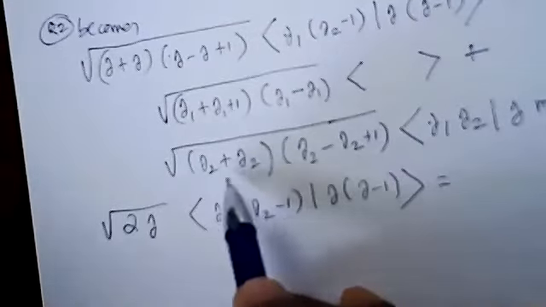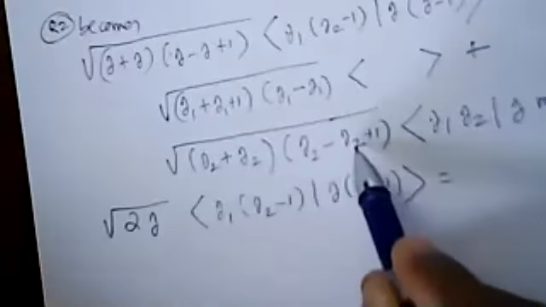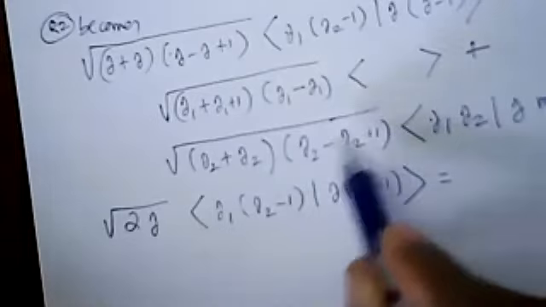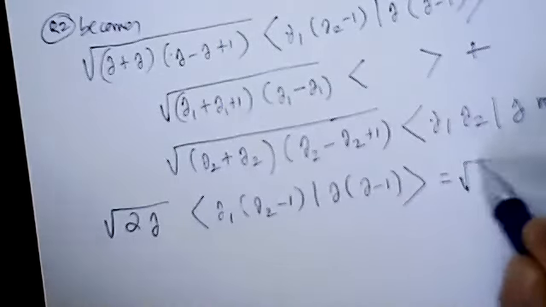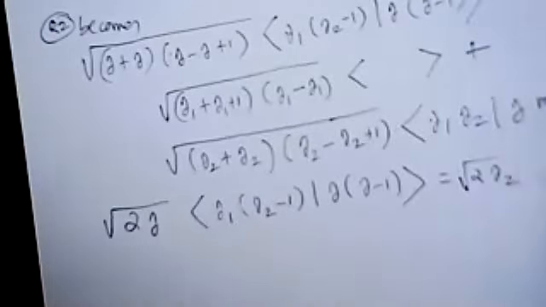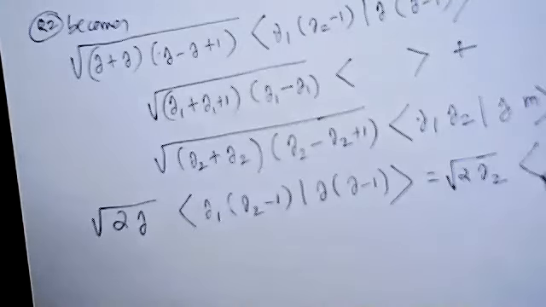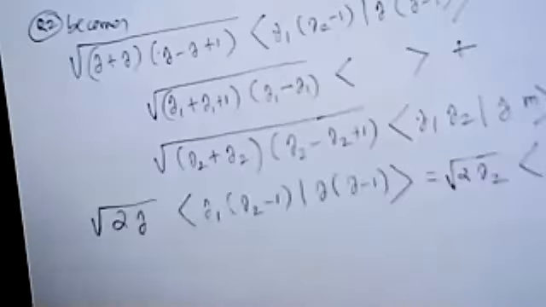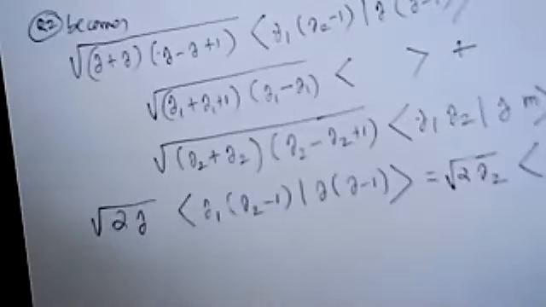Then this term becomes 2j2. The j2 minus j2 becomes 0 plus 1. So this becomes 1. So j2 plus j2 becomes root of 2j2. Okay. Then j1, j2, jm. Okay. So j is actually j1 plus j2 and m is also j1 plus j2.